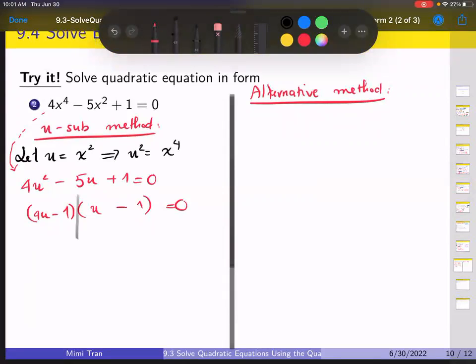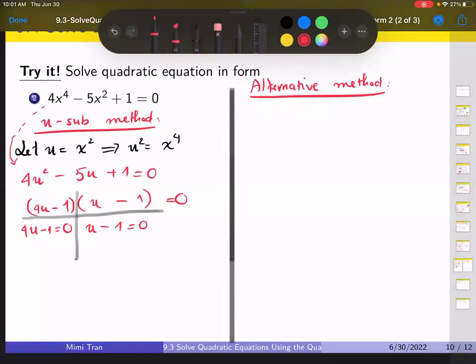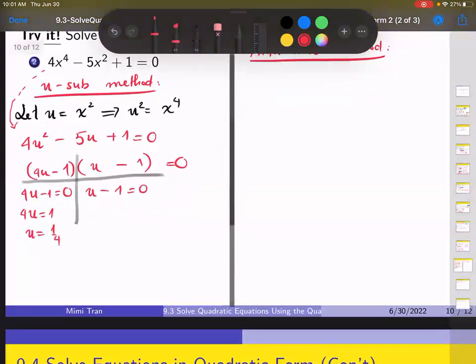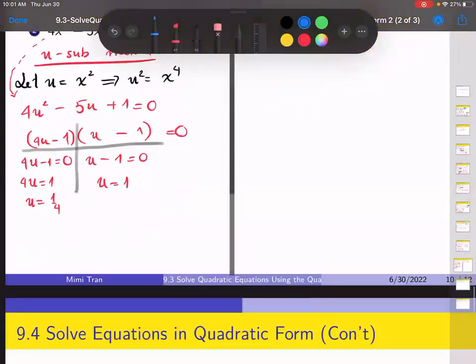And now you can solve for each of these factors. So I have 4u minus 1 equals 0, or u minus 1 equals 0. 4u equals 1, you add 1 to both sides. u equals 1/4. Here u equals 1. And then you change back to x.